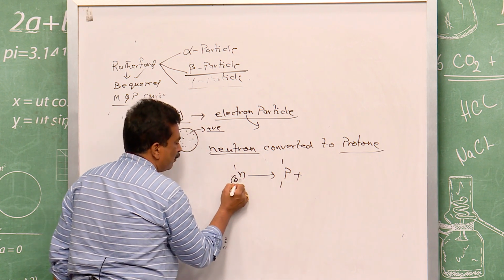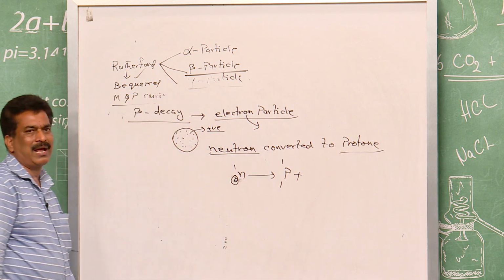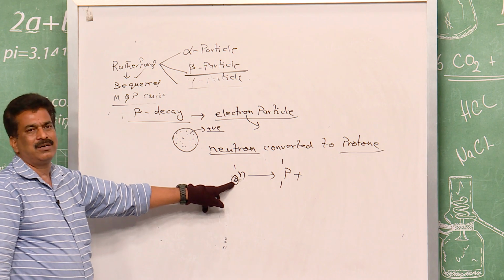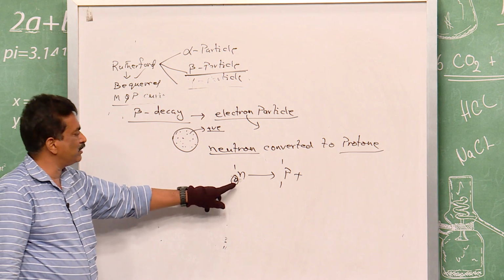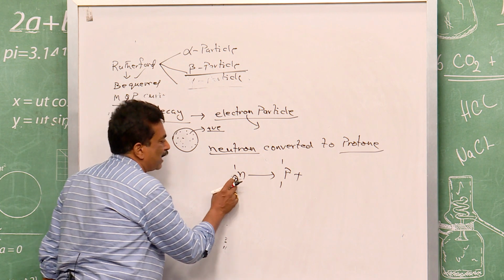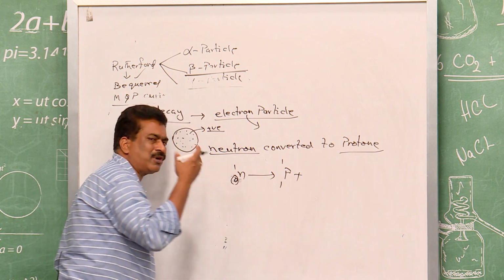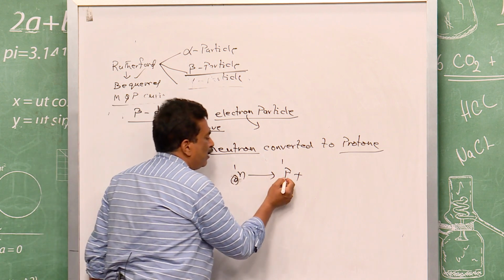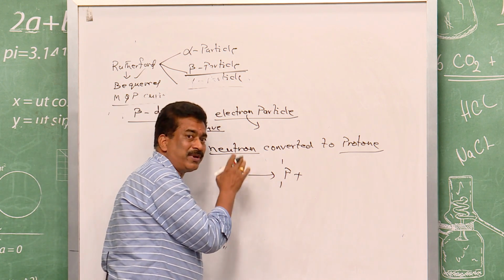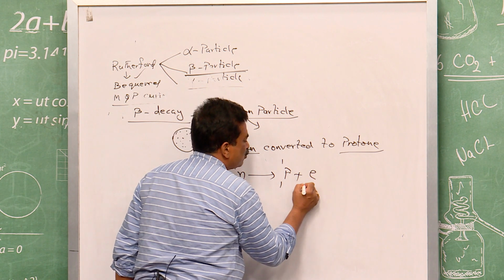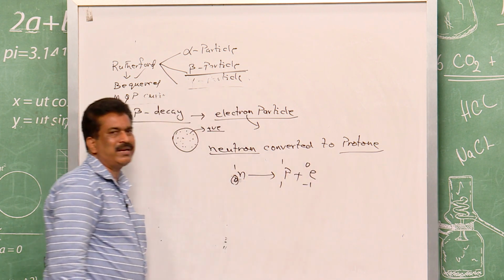You see, this neutron is neutral, the charge is 0. So there is no charge. Now it becomes a proton. So when the 0 charge becomes a proton, what will happen? To maintain the charge balance, there should be a negative charge.